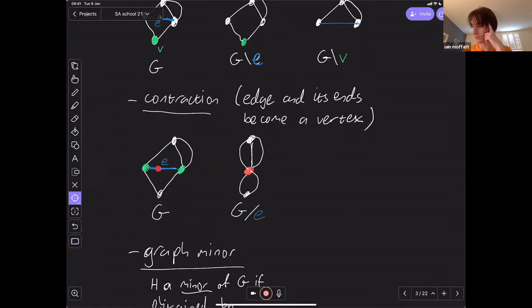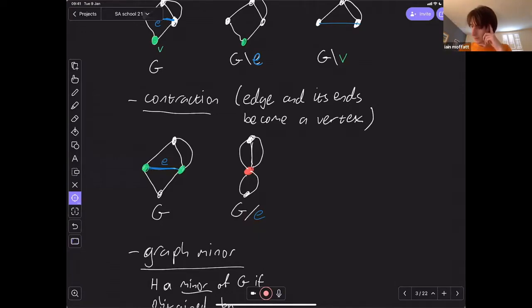So when I make this one vertex over here, then I'm going to end up with this new red vertex here. And I've got my graph here that I'll denote by G contract E, with this overline there. Okay, so I'm sure most of you will have seen these operations before. If not, they're not super complicated and you've seen them now.